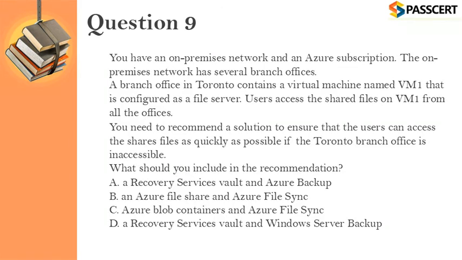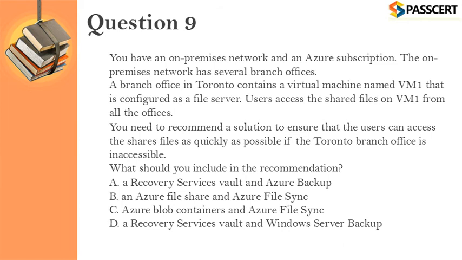Question 9. You have an on-premises network and an Azure subscription. The on-premises network has several branch offices. A branch office in Toronto contains a virtual machine named VM1 that is configured as a file server. Users access the shared files on VM1 from all the offices. You need to recommend a solution to ensure that the users can access the shared files as quickly as possible if the Toronto branch office is inaccessible.